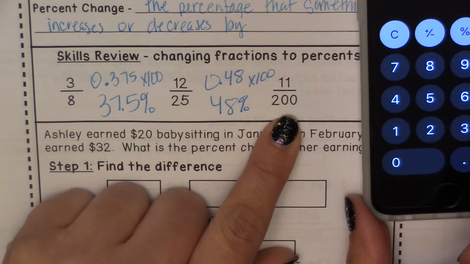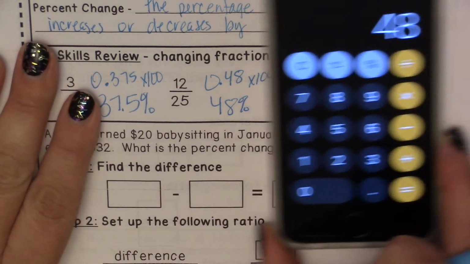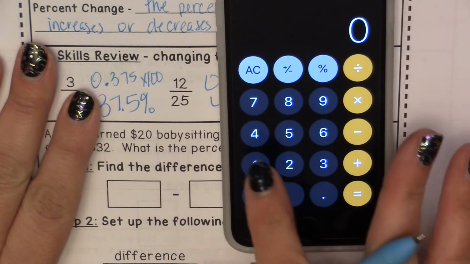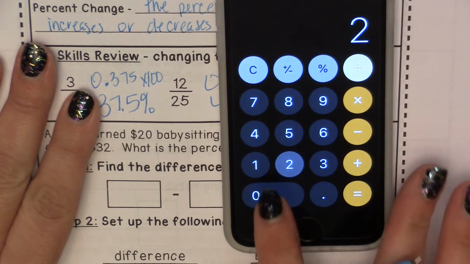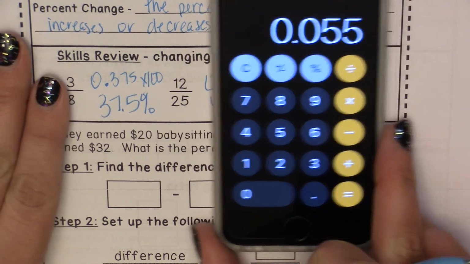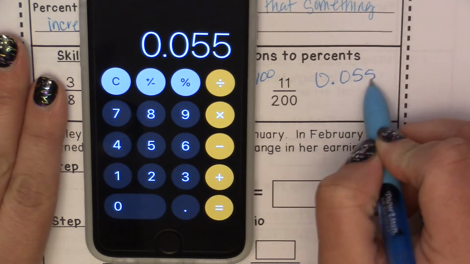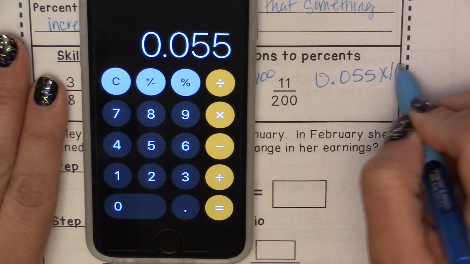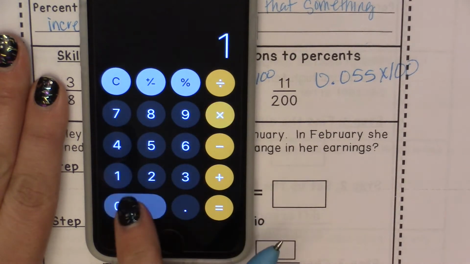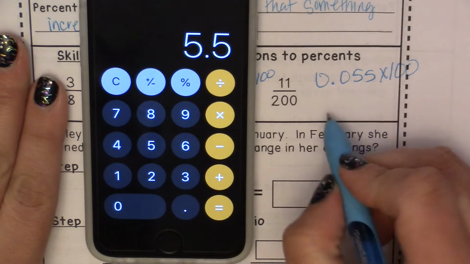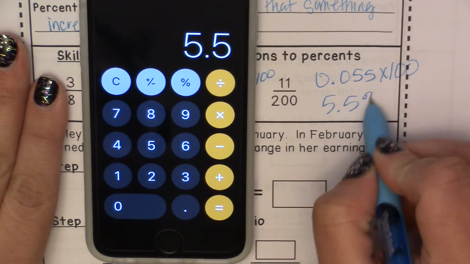All right, and our last one, 11 over 200. 11 divided by 200 is 0.055. Then we take that times 100, and we get 5.5%.